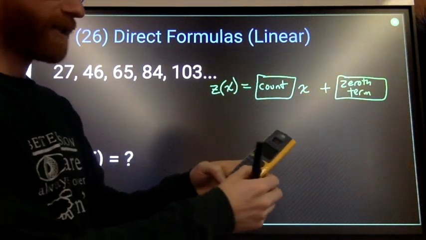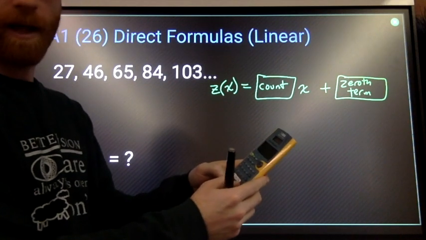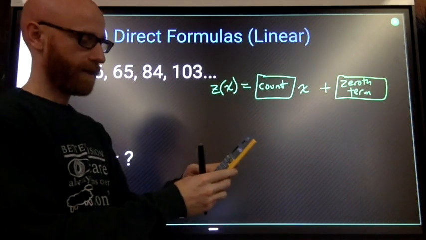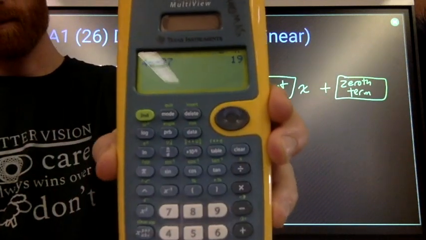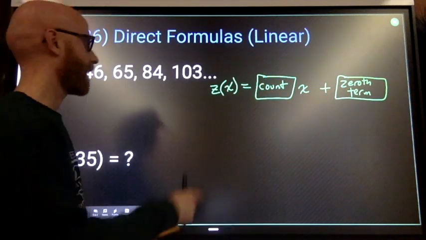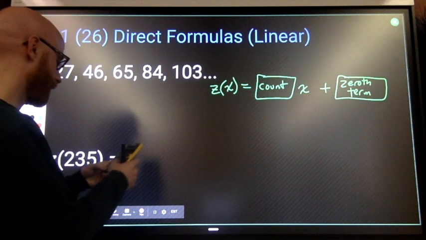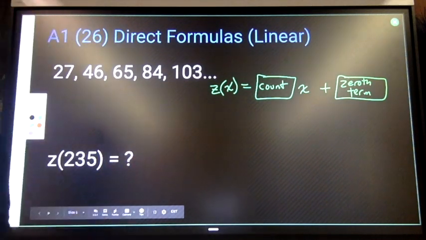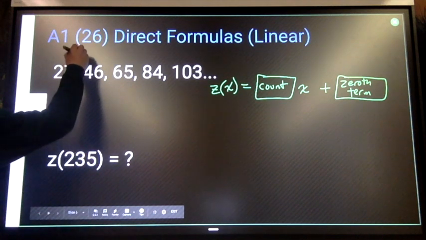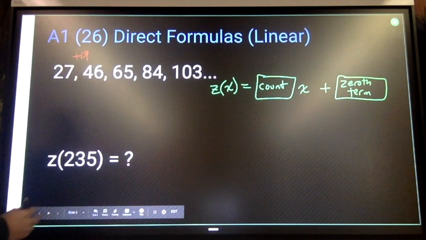Remember, I can subtract two terms. 46 minus 27 is 19. Just double check that that also works at the other end. 103 minus 84. Yep, we're counting by 19s here. So, plus 19 each time.